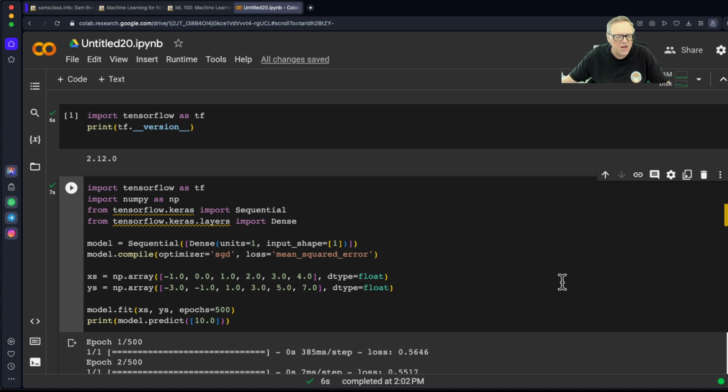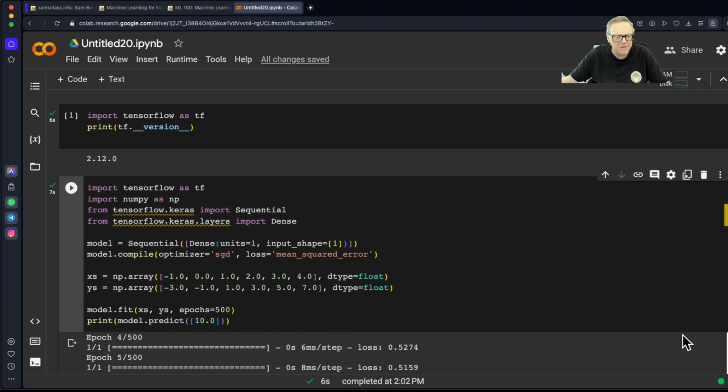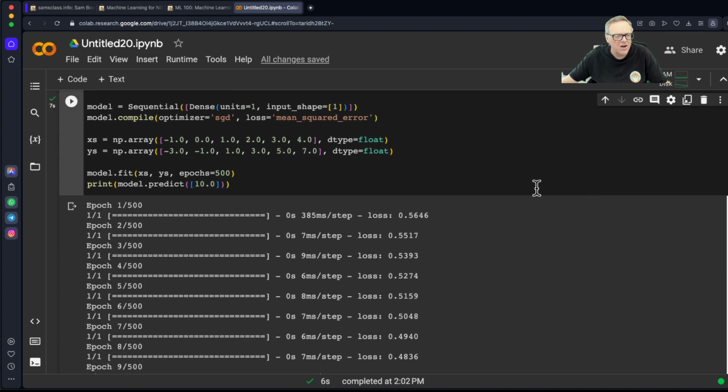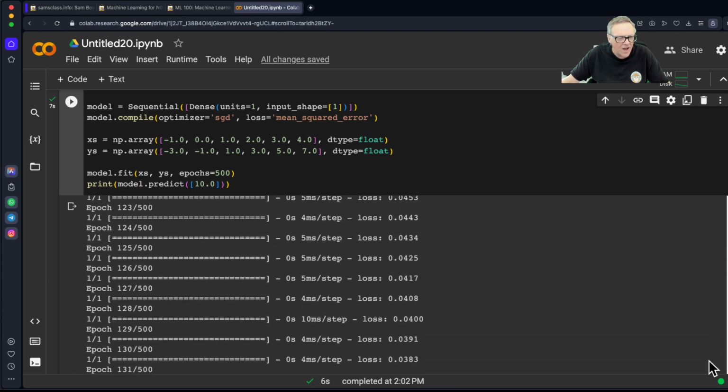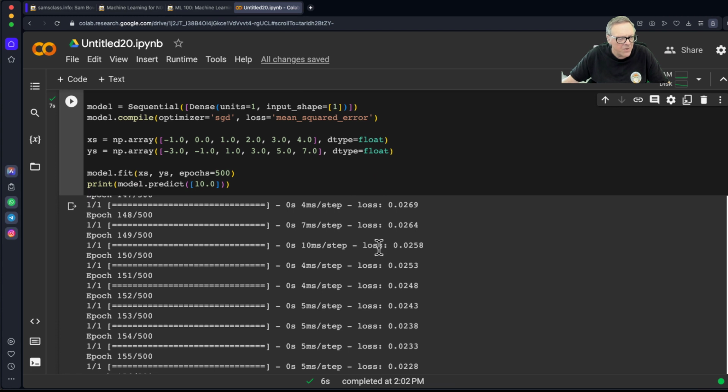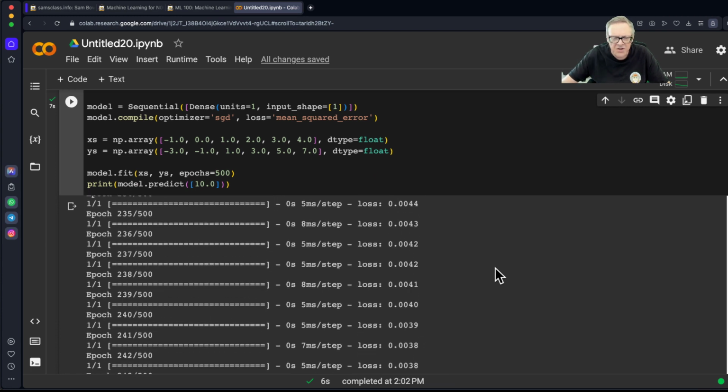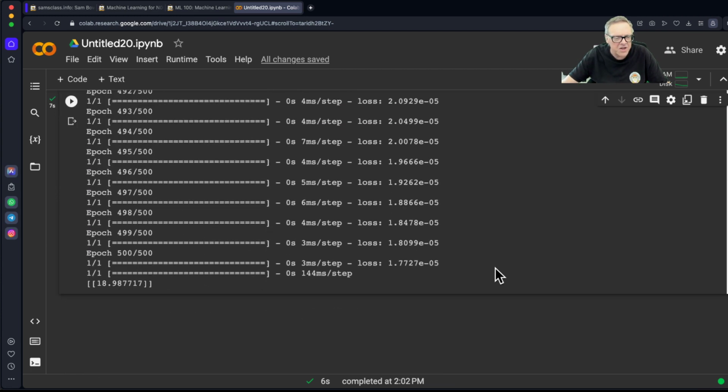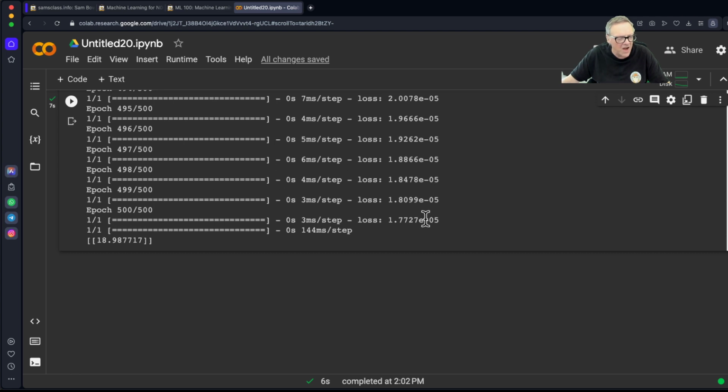The loss started at 0.5, and then epoch 1, epoch 2, it moved to make it smaller, 0.56, 0.55, 0.53, 0.52. You see, it is taking steps and making the loss smaller until after 500 epochs of improvement, it gets to the point where the loss is extremely small, like 10 to the minus 5.